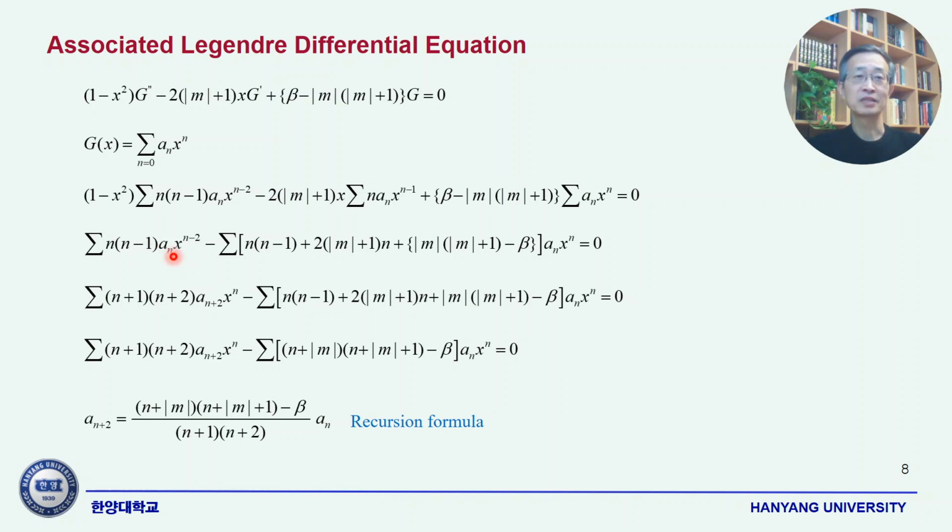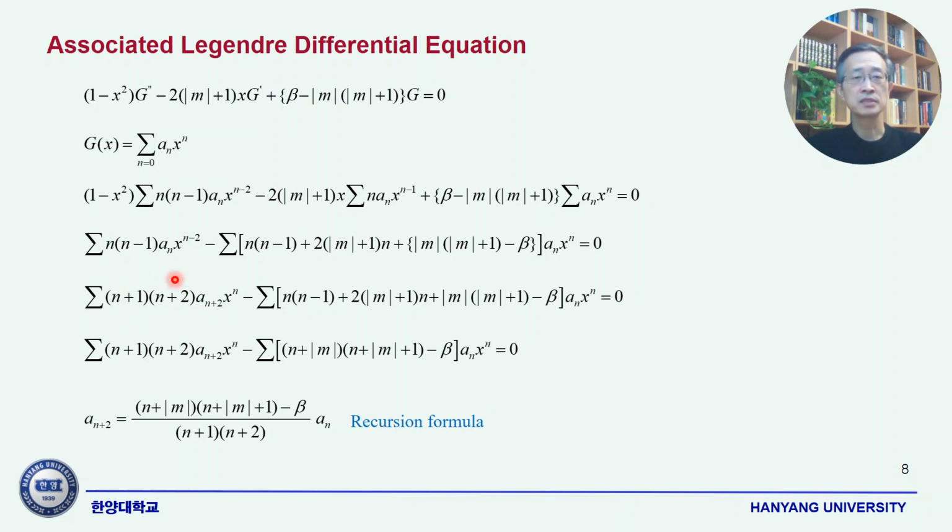It's a bit confusing, but if you use a different symbol, that's fine, because for the sigma, n is a dummy variable, so you can use anything. Now instead of n, you have n plus 2. Instead of n minus 1, you have n plus 1. Instead of n, you have n plus 2. Instead of n minus 2, you have n. So this is the term.